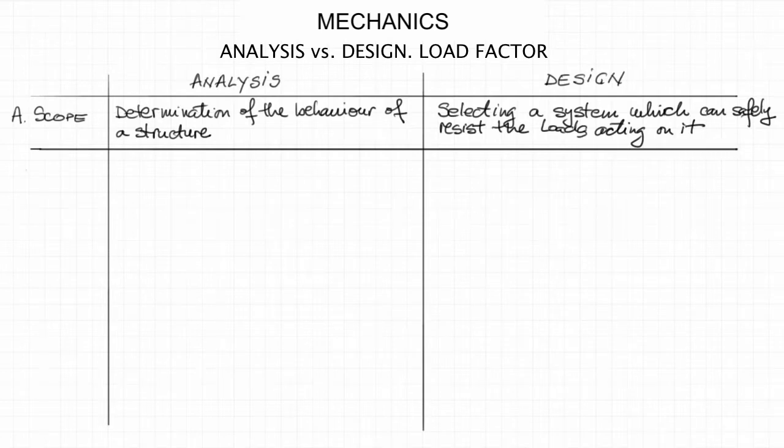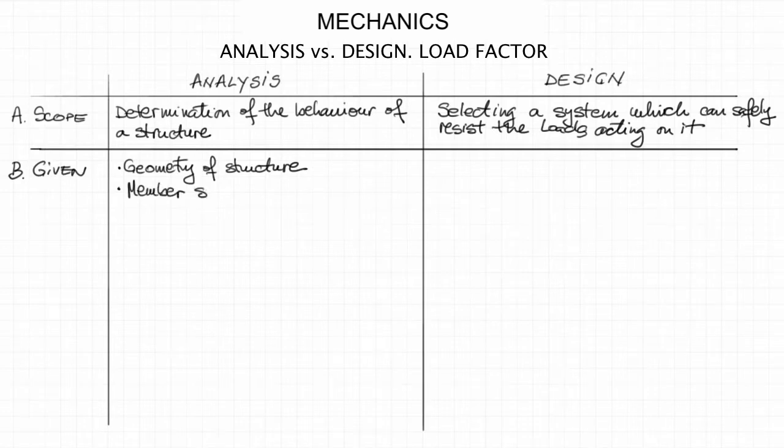So let's keep on looking at the analysis problem. We are normally given the following information. So we know the geometry of the structure. In other words, we know how the structure looks like. We know the dimensions, we know the configuration, and so forth.